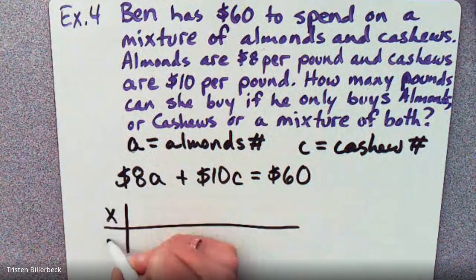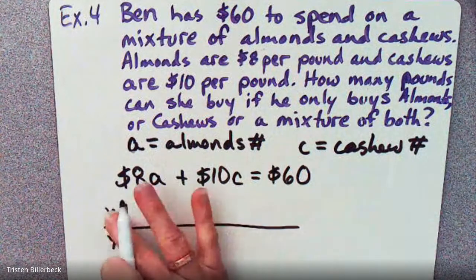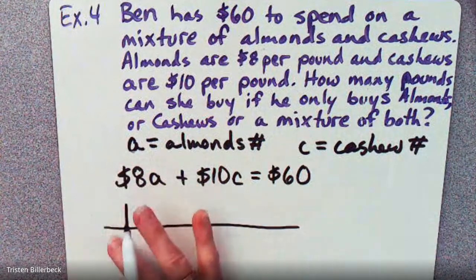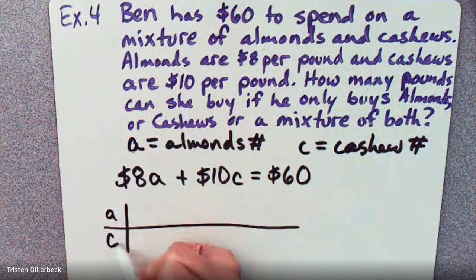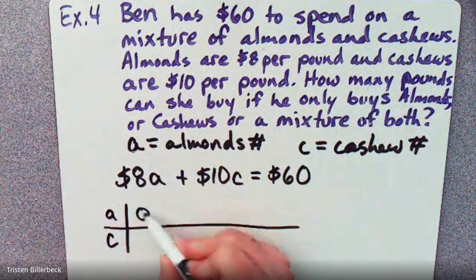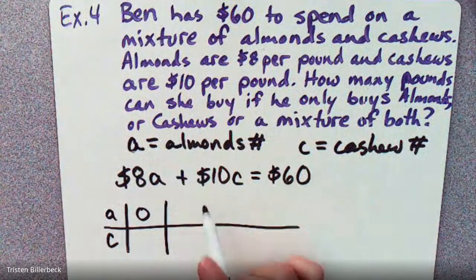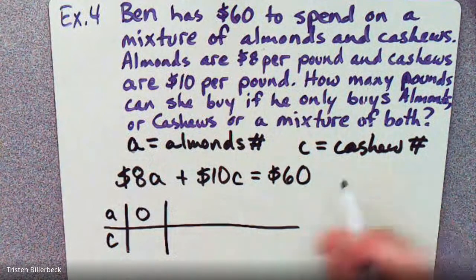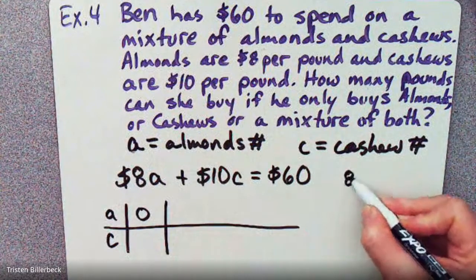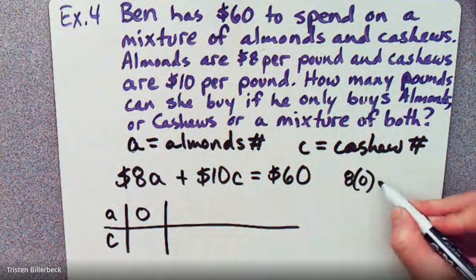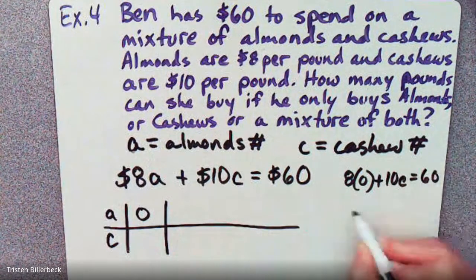So we have X, Y. Oops, this is not X and Y, it is A and C, because those are our variables. If we have 0 pounds of almonds, how many pounds of cashews? That's 8 times 0 plus 10C equals 60.